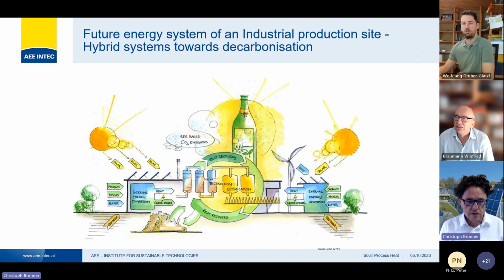There will be a hybrid system, again linked to the different necessities of the production processes, but also linked to the availability of the renewable energy sources. And this is mainly related to renewable energy sources like biomass, biogas, green gases like hydrogen, green hydrogen.